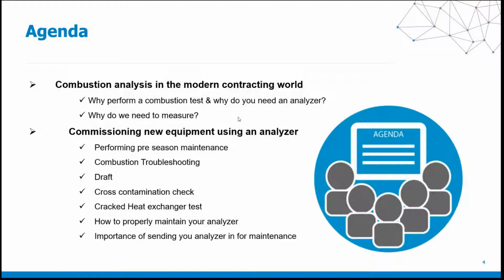We're going to go over the importance of performing seasonal maintenance using your analyzer. We're going to go over some combustion troubleshooting, draft. We're going to touch upon cross-contamination and how to check for it. We're going to go over a check for a cracked heat exchanger that you can utilize with your combustion analyzer, how to properly maintain your analyzer, and the importance of sending your analyzer in for maintenance and calibration.